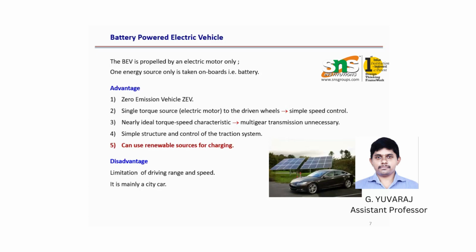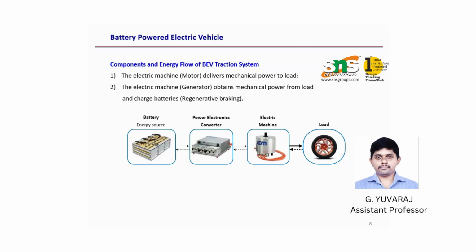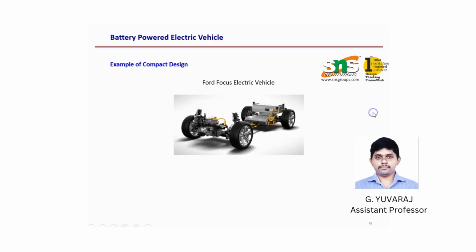So it is mainly used for urban usage only, for a maximum of 10 kilometers. The major components are the battery, the power electronics converter, and the electric machine, and with the help of these components it transmits the power to the load, or to the wheel, so that it can allow the motion of the vehicle. Based on this we expect the efficiency of the engine, and also the flow of the speed which has been explained for this battery powered vehicle.